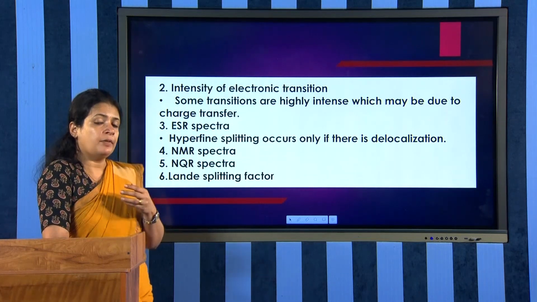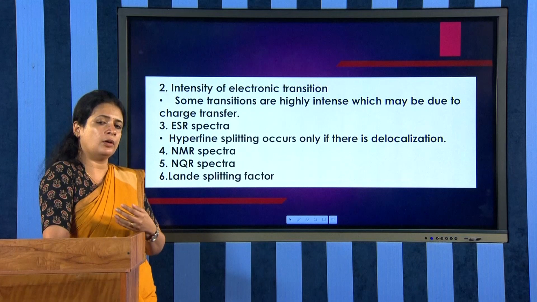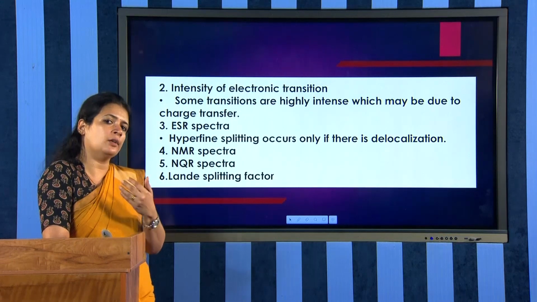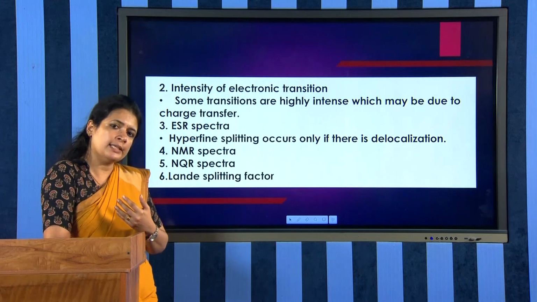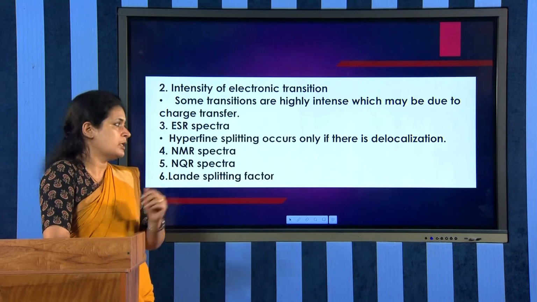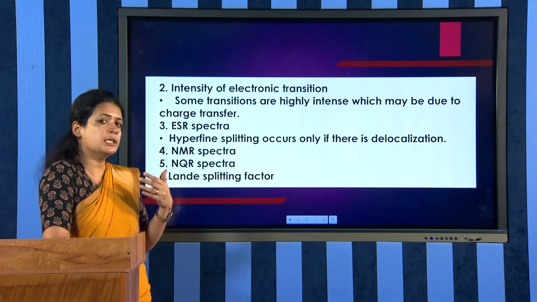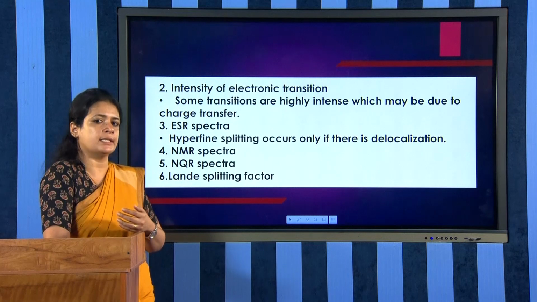In ESR spectra, we have the hyperfine splitting. Hyperfine splitting occurs only if there is some kind of delocalization. Delocalization means there is a covalency. So, hyperfine splitting is also an evidence for the covalency.